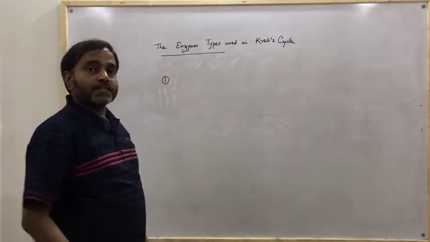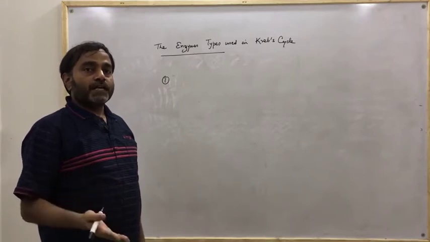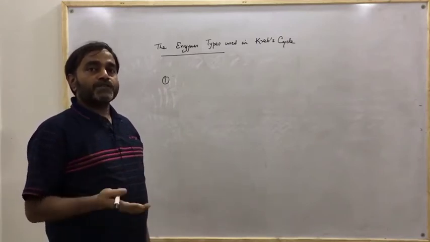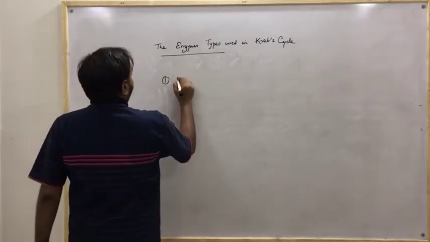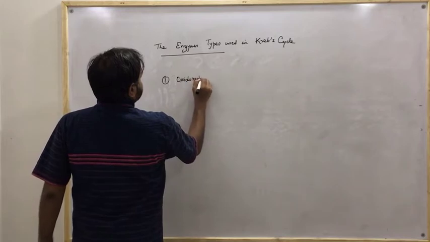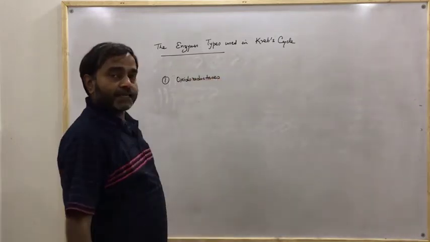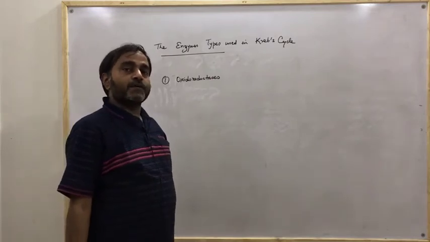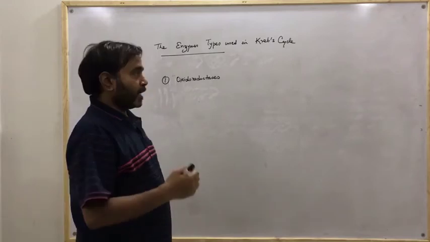As we know, the first class of enzyme is the oxidoreductases. In this category most of the dehydrogenases belong, because they carry out oxidation and reduction reactions.